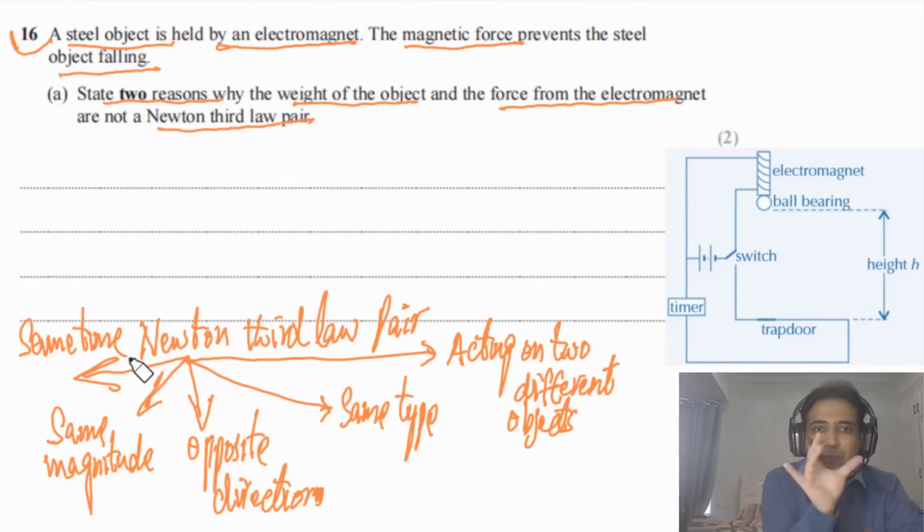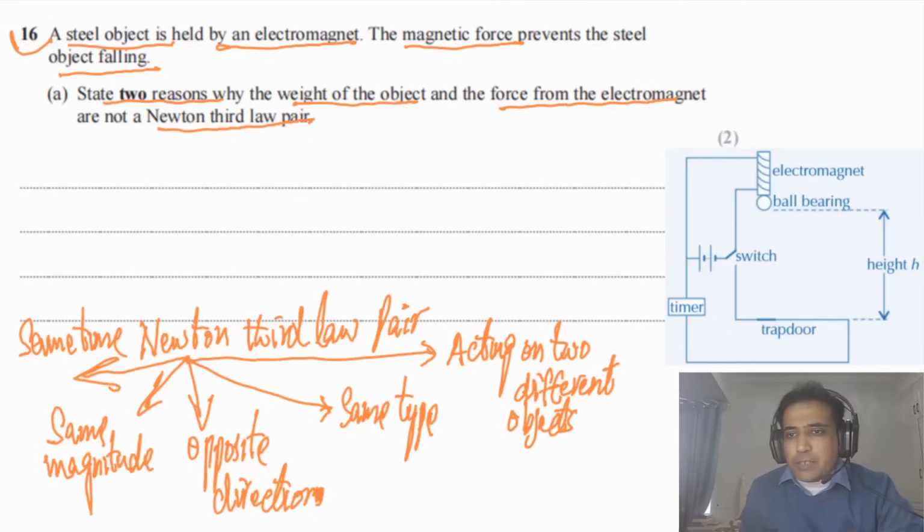They should have these characteristics, or we can say these are conditions for two forces to form a Newton third law pair. Now if you look at the given forces, in this case we have two forces. It is given to us this steel ball bearing is not falling.